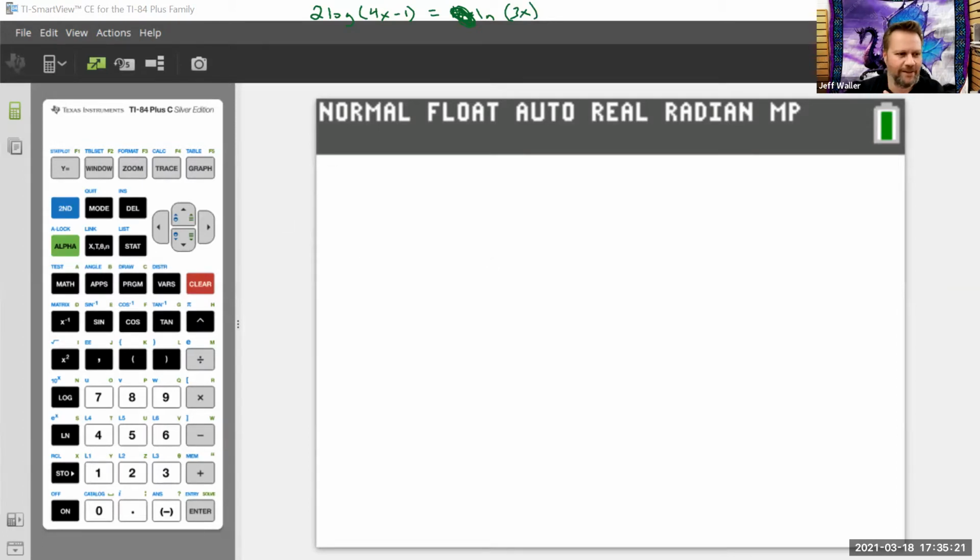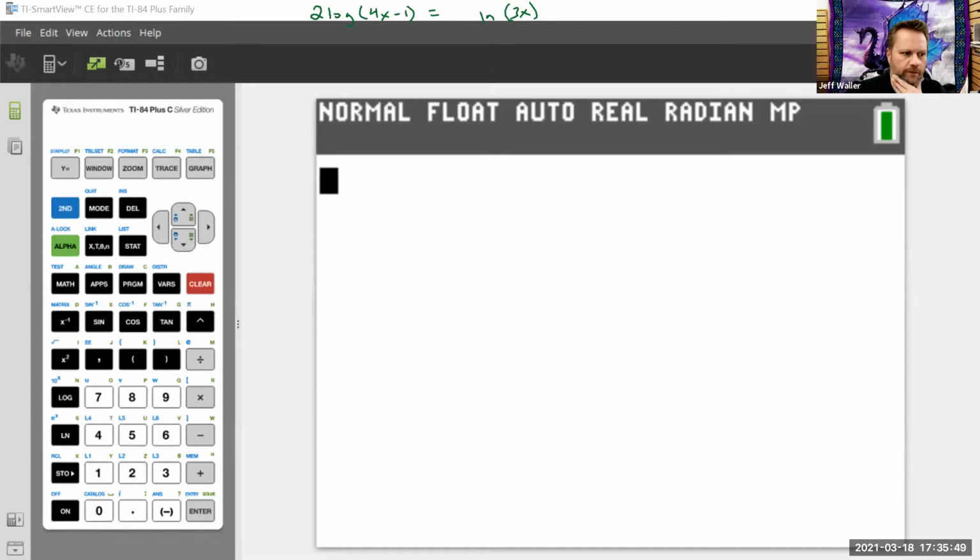So is everybody able to see that? 2 log 4x minus 1 equals natural log of 3x. Do you guys understand, if there is a way to solve that by hand, it will not be easy? Because I've got 2 logs in this equation. They have completely different bases.